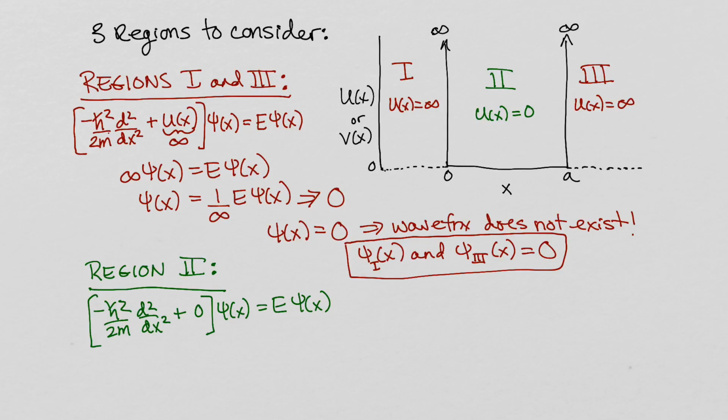Okay, so we will just, again, simplify this a little bit, get rid of that zero potential. I'm just going to bring everything over to the left-hand side of our equation. Okay, so we'll just do a little bit of rearrangement here. And we'll just remind ourselves that we're in region 2 there with our wave function.